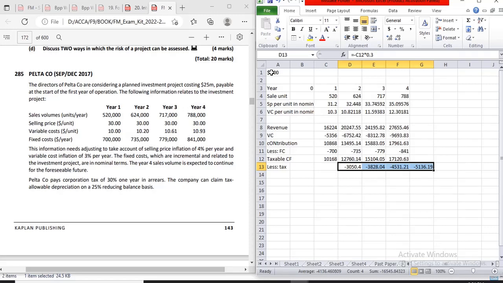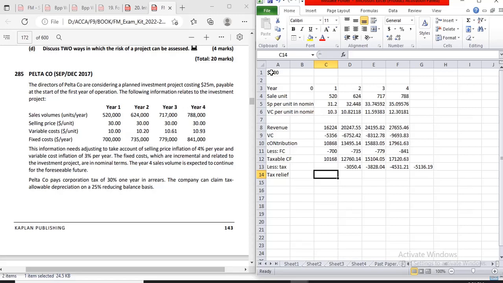And the company can claim tax allowable depreciation on a 25% reducing balance basis. In case of tax depreciation allowed by the tax authority, we will get tax relief. In a previous video I explained how to get the tax relief, the shortcut as well as the process. I think it was after the Armcliff question, I mentioned this.